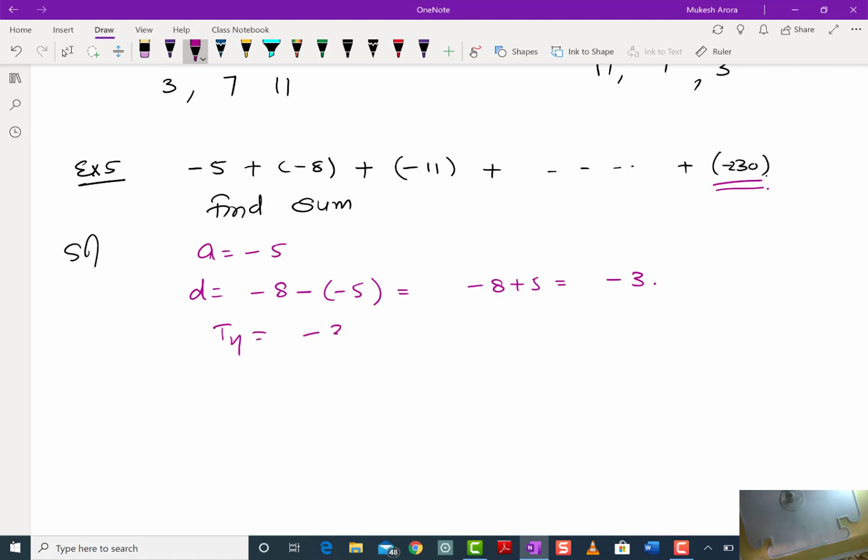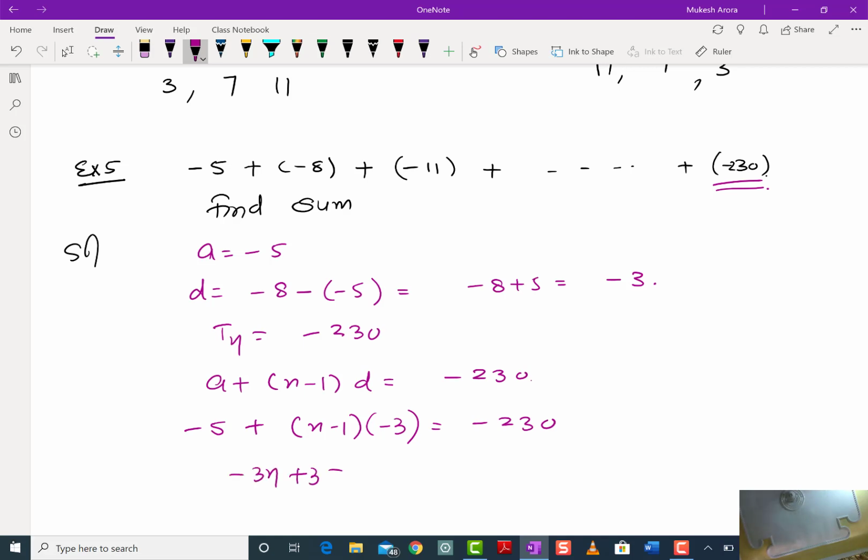Last term is minus 230, which is equal to a plus (n minus 1) d is equal to minus 230. A is minus 5 plus (n minus 1) into minus 3 is equal to minus 230. Minus 3n plus 3 is equal to minus 225.